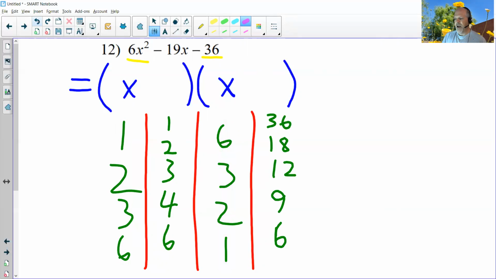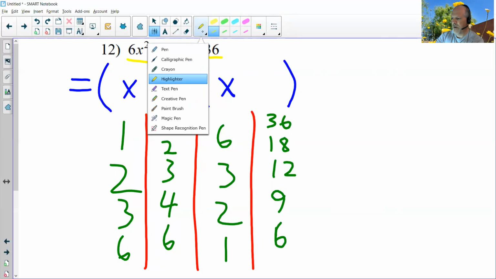So now it is time to guess and check. So you will literally go through this and pick some numbers. And you're going to plug them into your binomials and see if they work. Now, because I've already worked this one out, I already know which ones are the correct ones. But it took me a couple of minutes to figure it out. But anyway, here are the correct ones.